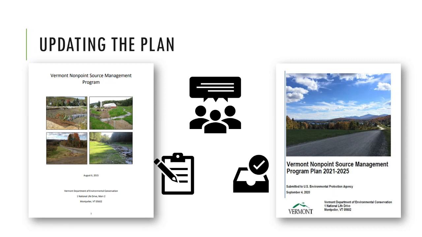We had input from different DEC departments, different agency departments in ANR, and also the Agency of Agriculture, Food and Markets, the Drinking Water and Groundwater Protection Division, and we also had some input from EPA on some of our drafts. So it was a huge interdepartmental and interagency collaboration effort to put this plan together.